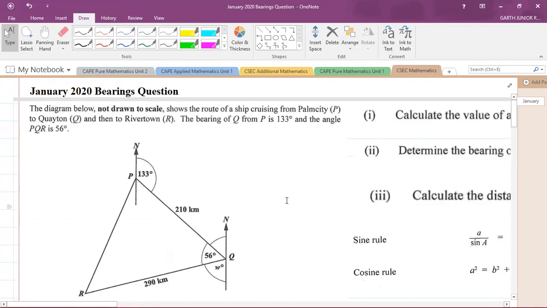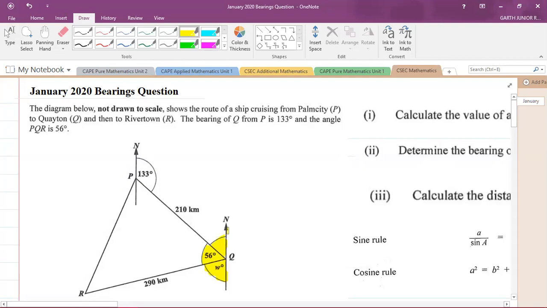So let's do part one, which says to calculate the angle W. If you look here, we have the angle W. In order to calculate it, I need to add the angle W along with this angle here and that angle there.